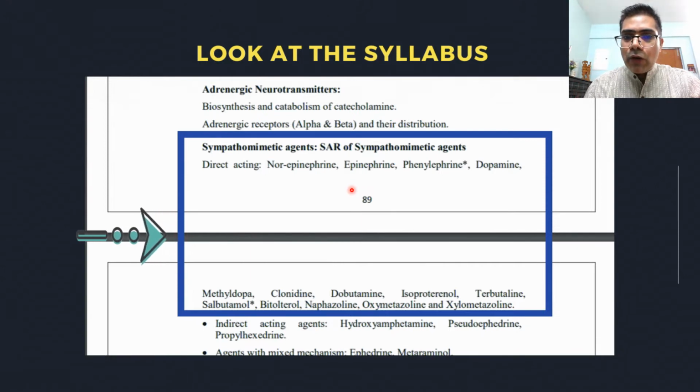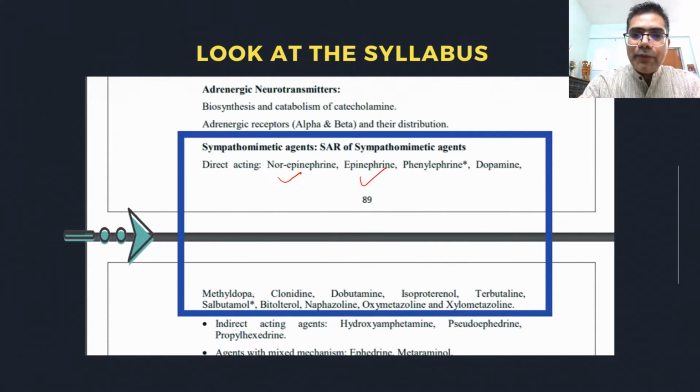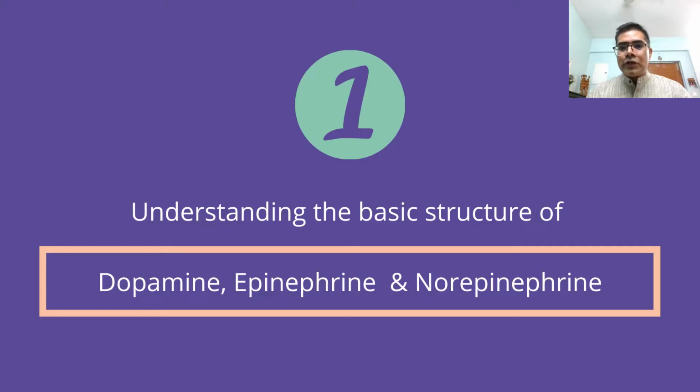Out of these molecules, in this video we will be covering three molecules: norepinephrine, epinephrine, and dopamine. So friends, in this video, we will understand the basic structures of dopamine, epinephrine, and norepinephrine.